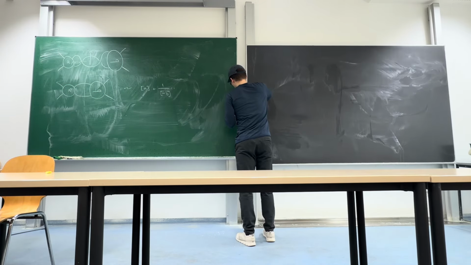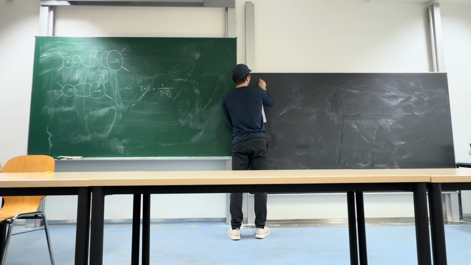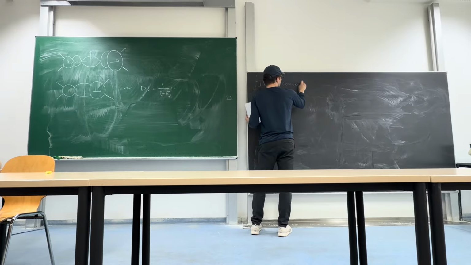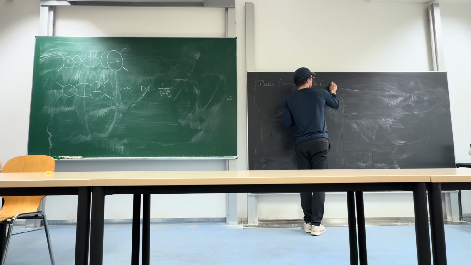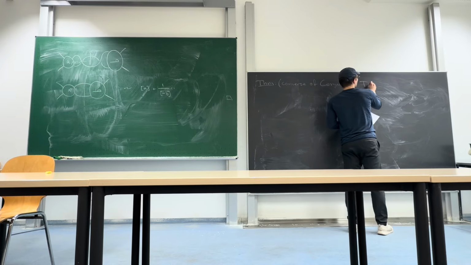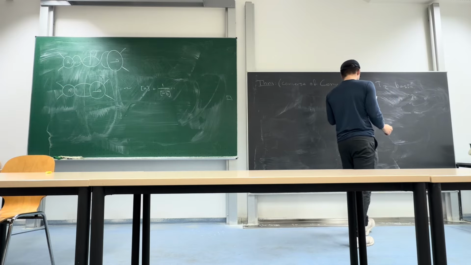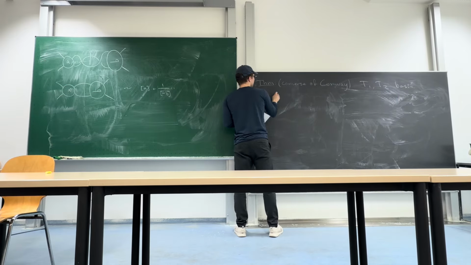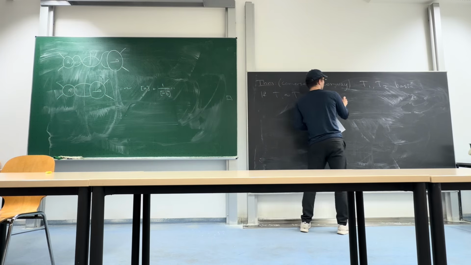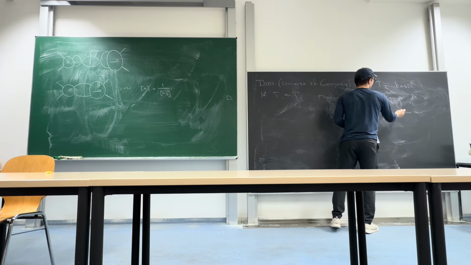So we also have the converse of Conway's theorem. T1, T2 are basic rational tangles, and if they are ambient isotopic, then their corresponding fractions will also be the same.